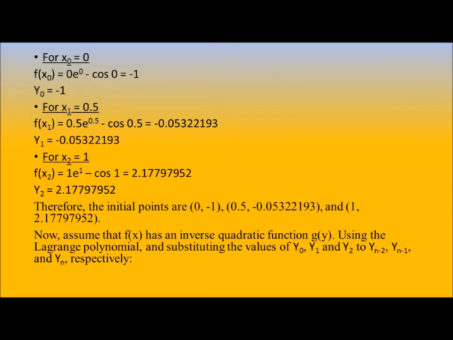Yes, so by putting x0 = 0, we get y0 = -1, x1 = 0.5, we get y1, and then x2 = 1, we get y2. So at the end of this process, the initial points are (0, -1), (0.5, -0.05322193), and (1, 2.17797952).